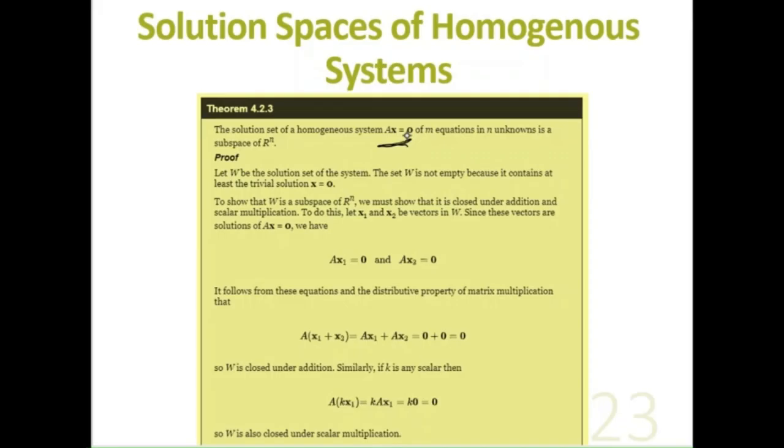I hope you recognize that from previous sections, and it's coming back into play here when it's talking about subspaces. So just realize that the solution set of a homogeneous system in N unknowns is actually a subspace of Rn, and we generally refer to it as the solution space of the system. That's just a general term for it.